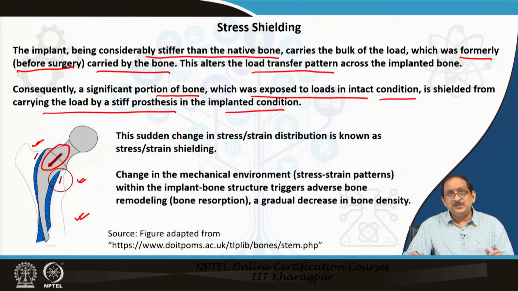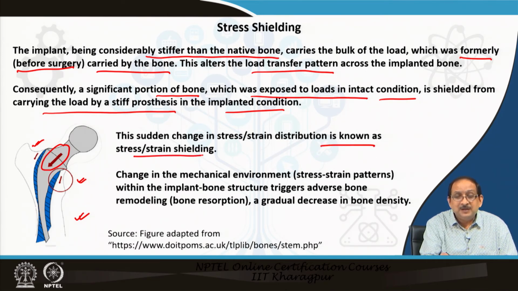This sudden change in stress strain distribution is known as stress strain shielding. Change in mechanical environment, stress strain patterns within the implanted bone structure triggers adverse bone remodeling, that is bone resorption, which is a gradual decrease in bone density.